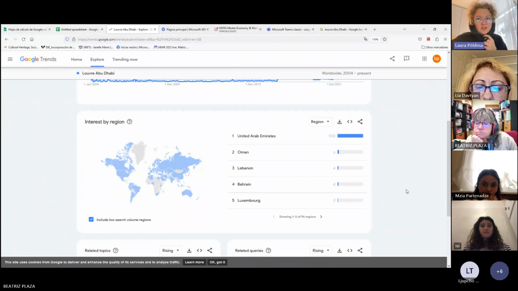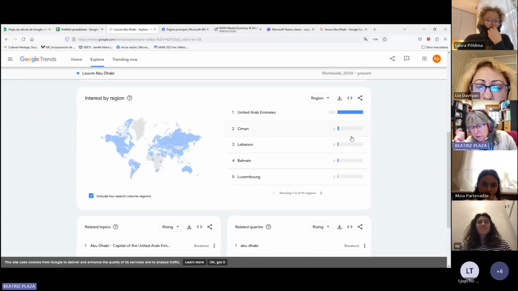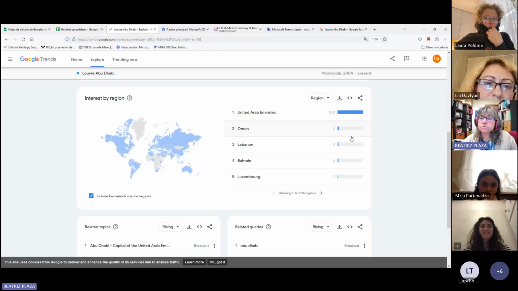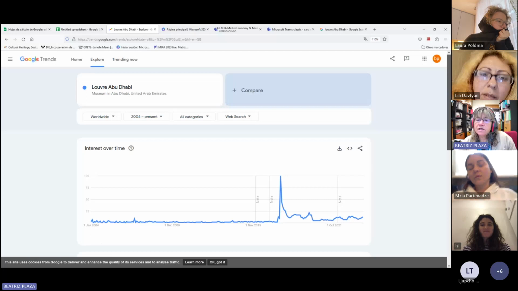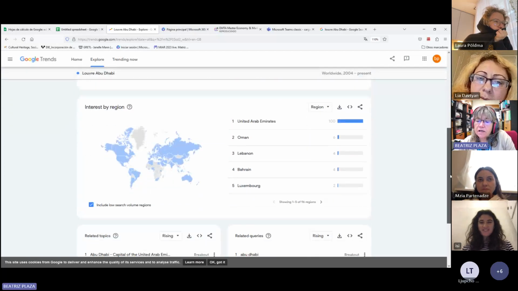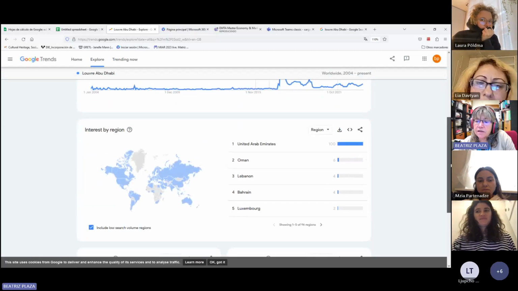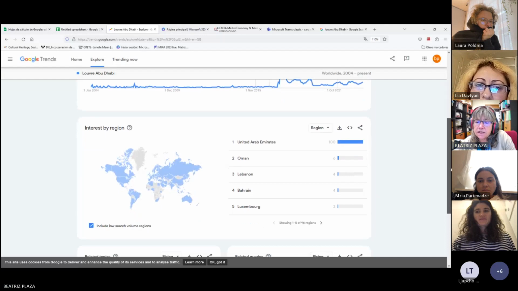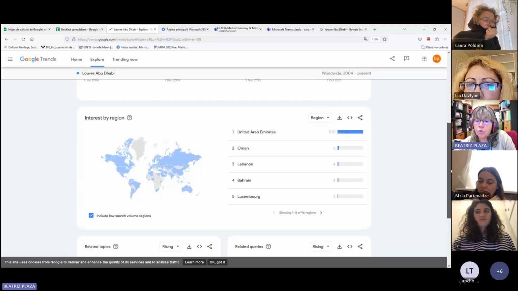Which country was searching for this museum? It was Louvre Abu Dhabi. If you Google in Tallinn and we look in Google Trends, it will appear that you are Googling from Tallinn. So this map says from where you are Googling.